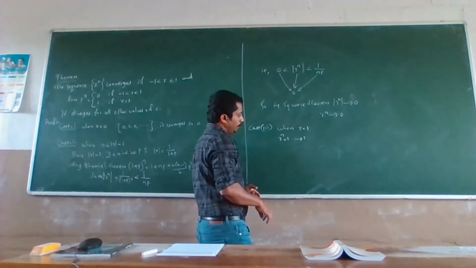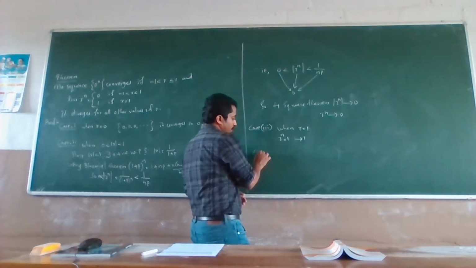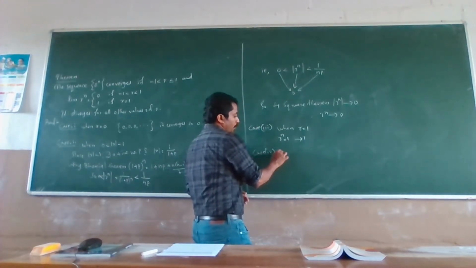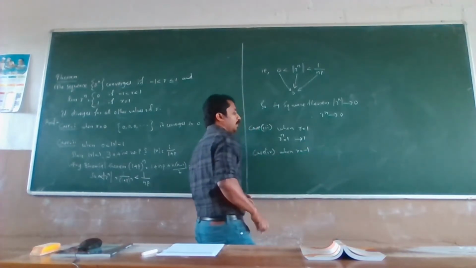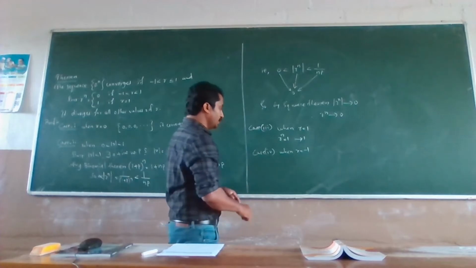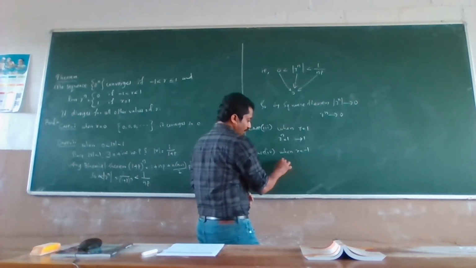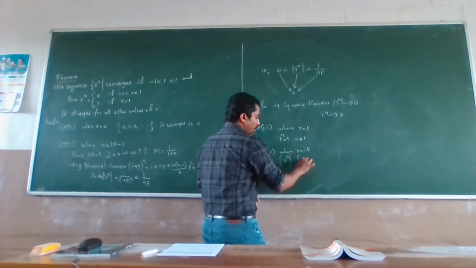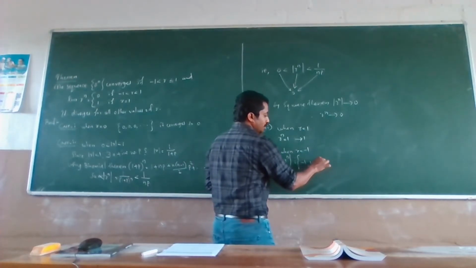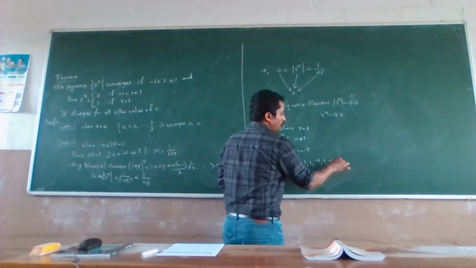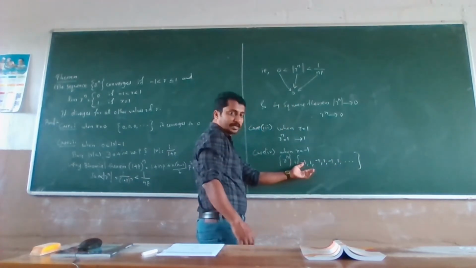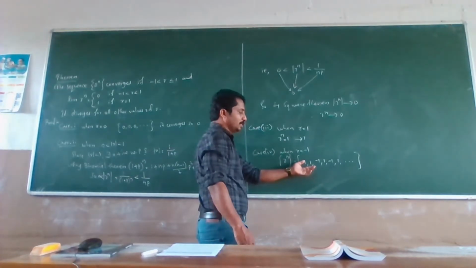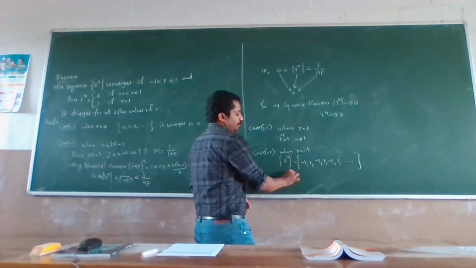Okay. Now the fourth case, case 4, when r is equal to -1. Then the sequence r raised to n will be -1, 1, -1, 1, -1, etc. Right? Clearly this is an oscillatory sequence, so the sequence diverges.